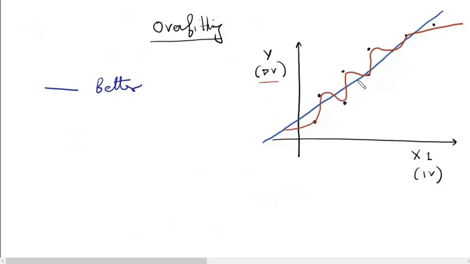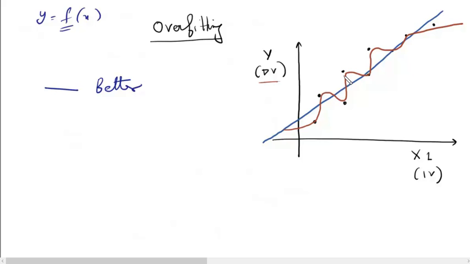Now this is a little confusing to understand at the beginning, because remember in supervised learning our task is to find the function f, and we can clearly see that the red function almost always passes through the points. So if we talk about the errors that the red model is making, it is almost zero, whereas the blue model definitely has some errors.